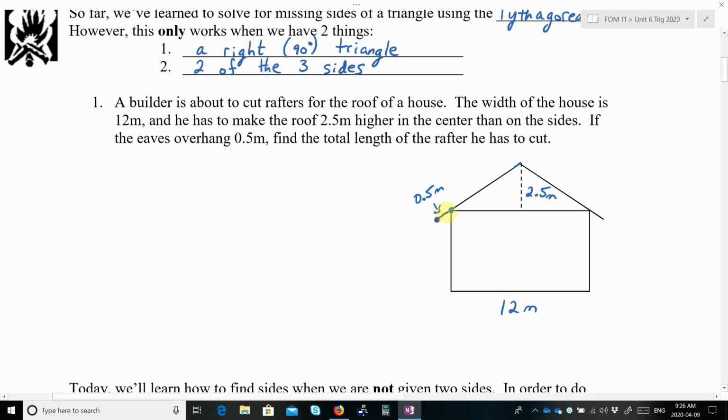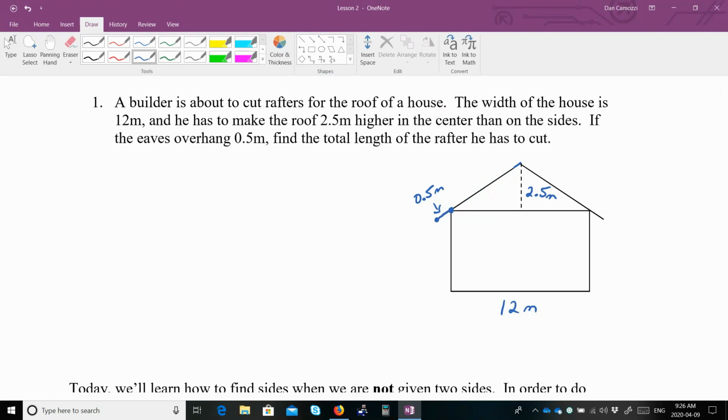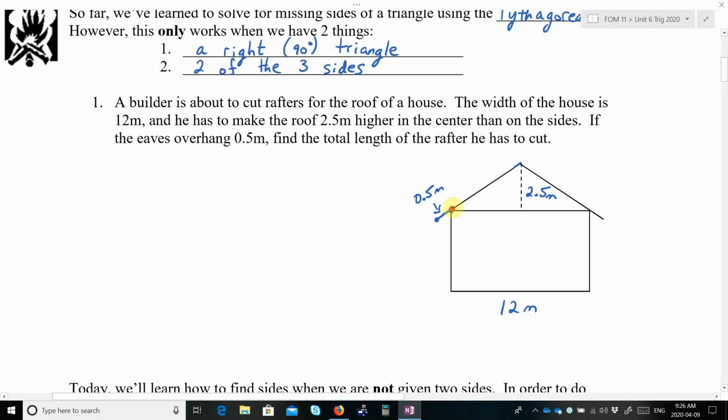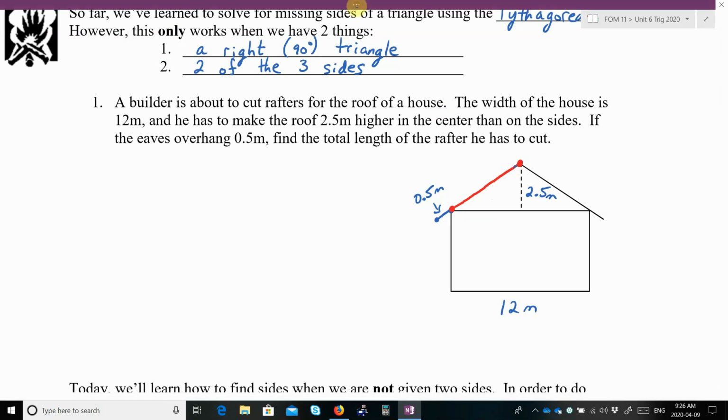So what we actually have to do, guys, is figure out this length from this red dot up to the top of the roof. And it's the side of a triangle.